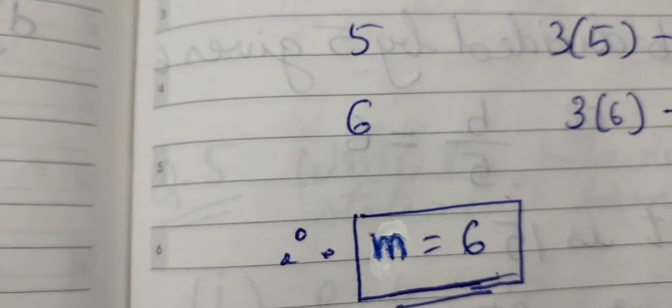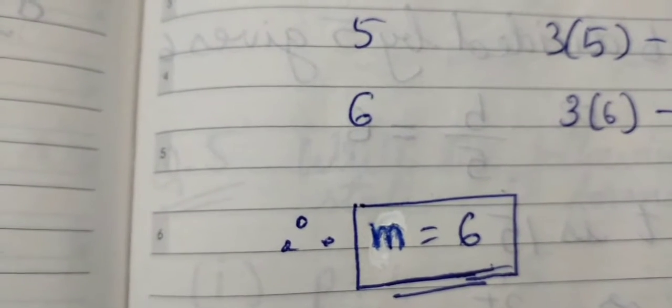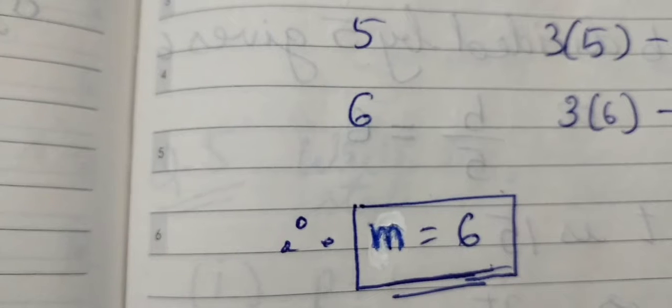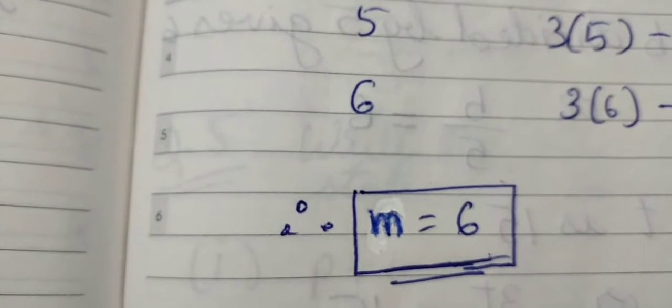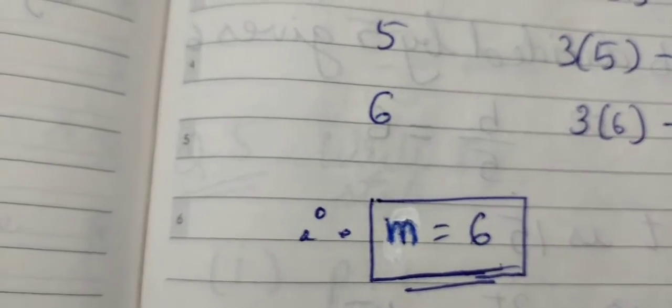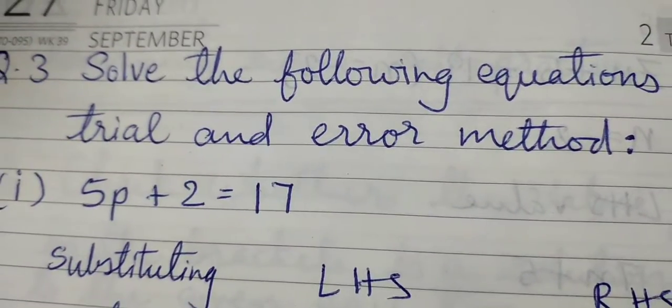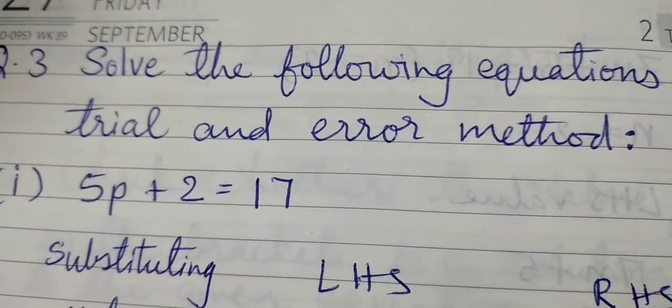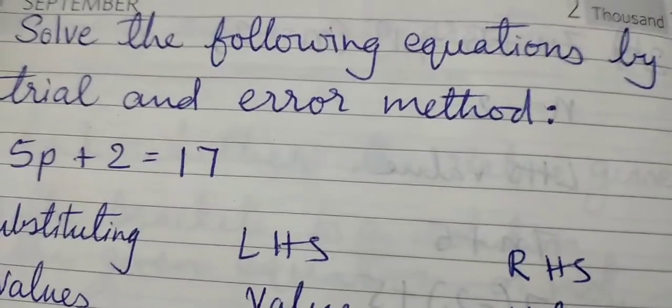So if you take m is equal to 6, then the right hand side value is going to be 4. So this is how you are going to solve the equation if you are asked to use the trial and error method.